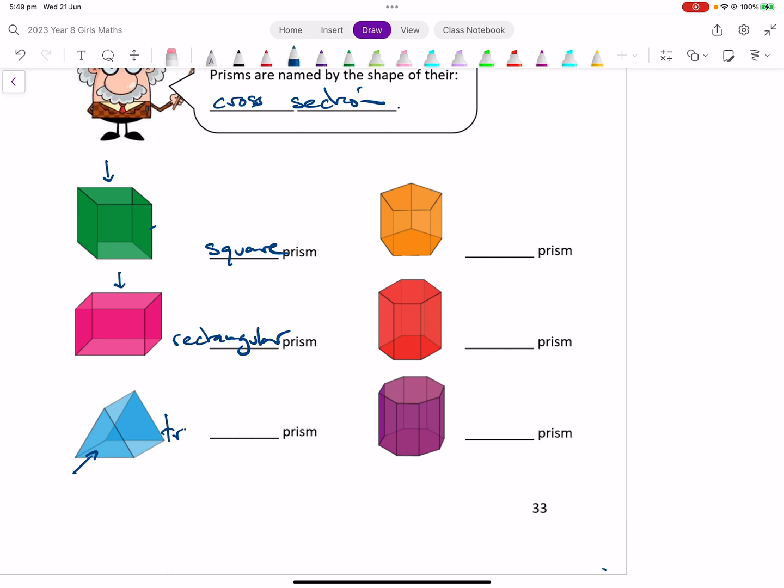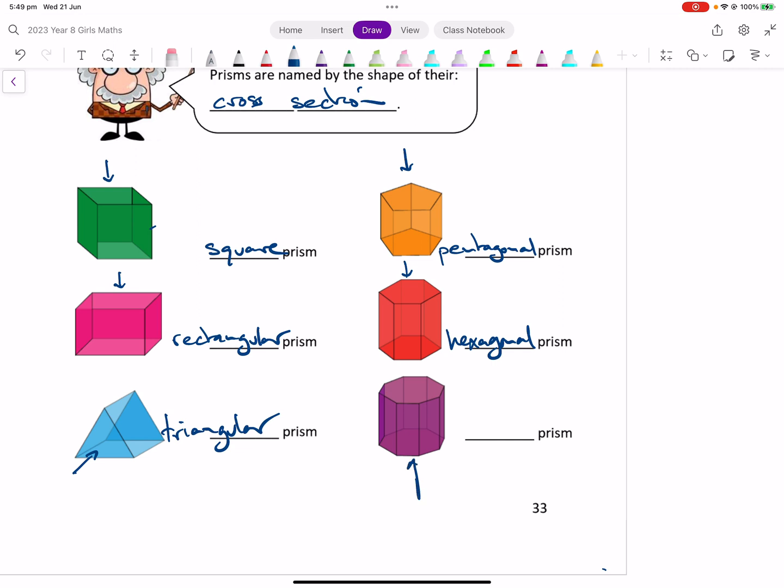He's a triangular prism. What is this guy? He's got five sides. The shape of a five-sided figure is a pentagon. This guy is called a pentagonal prism. This guy has six sides looking from the top, and he is a hexagonal prism.